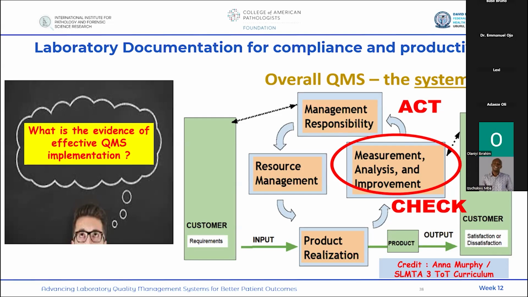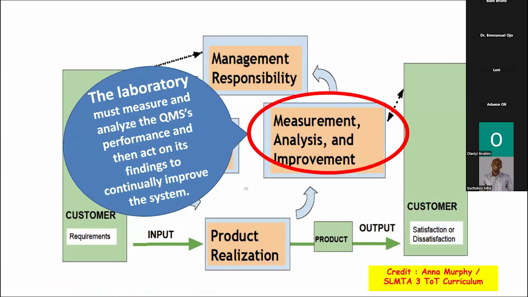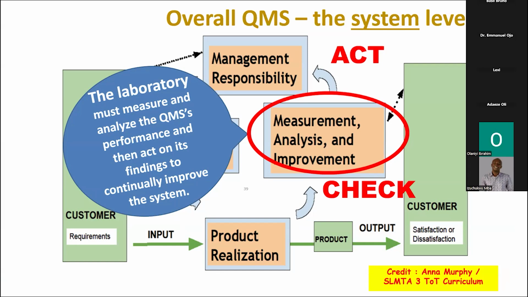Those that are not meeting the benchmarks, you need to initiate improvement action. So the lab must measure and analyze the QMS performance and then act on its findings to continually improve the system. But before you can act, you need to check. There is this slide that will talk about that.